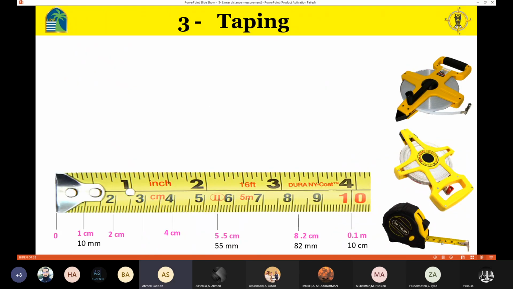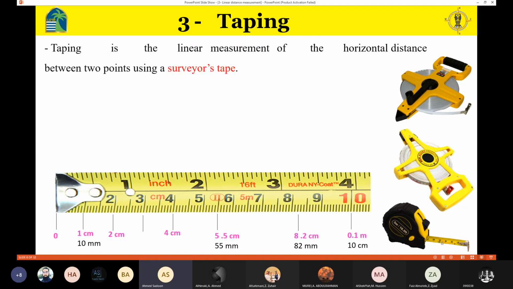Now we are going to talk about taping, which is the most important and most commonly used method. So what do we mean by taping? In the taping method, we use a surveyor's tape for the linear measurement of horizontal distance between two points.